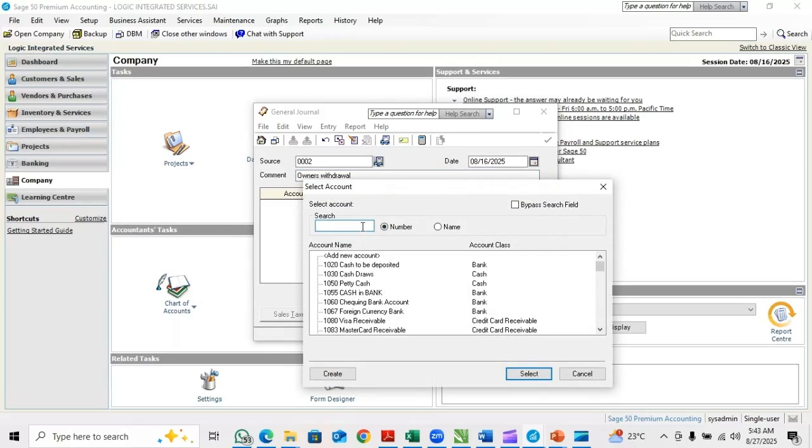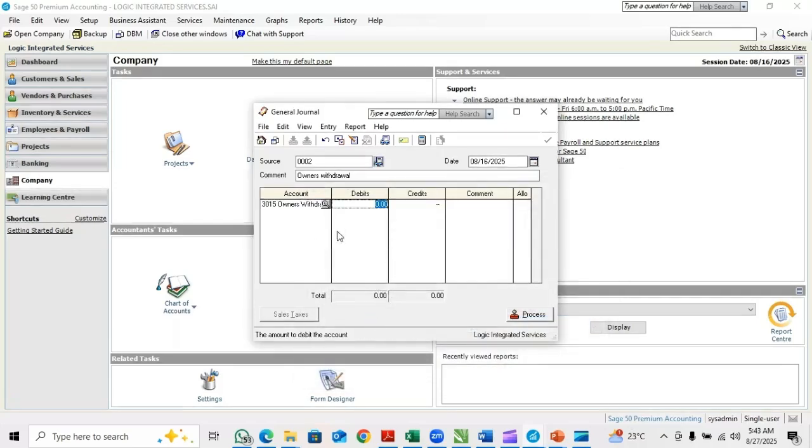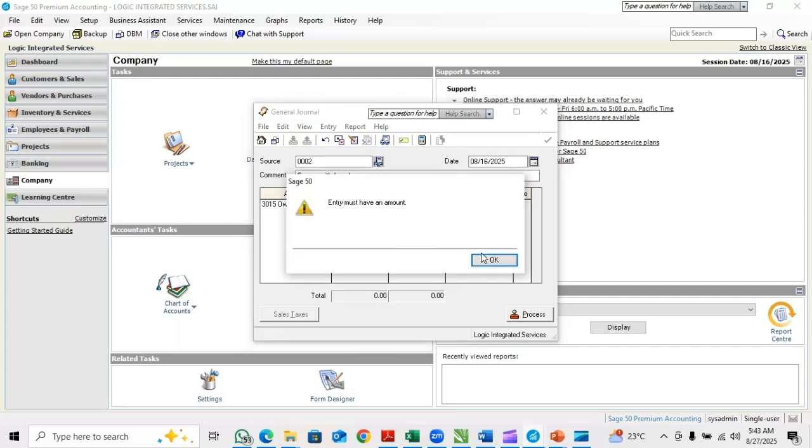We're going to deposit this with owners withdrawal, and we are going to credit.